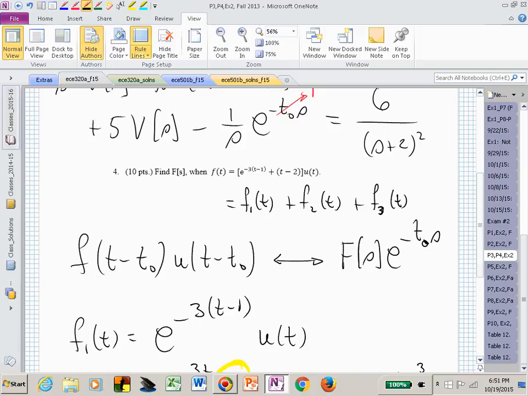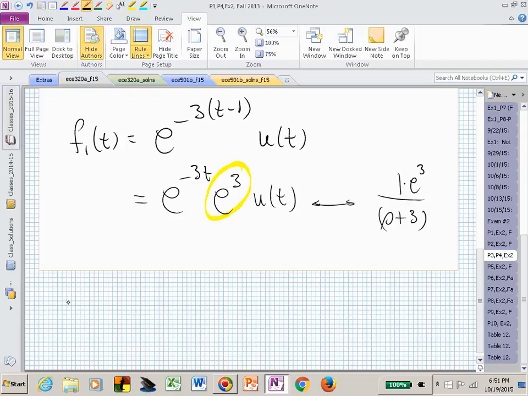Then f sub 2 is just t u of t. And that I can immediately see in my table. That's 1 over the s quantity squared.